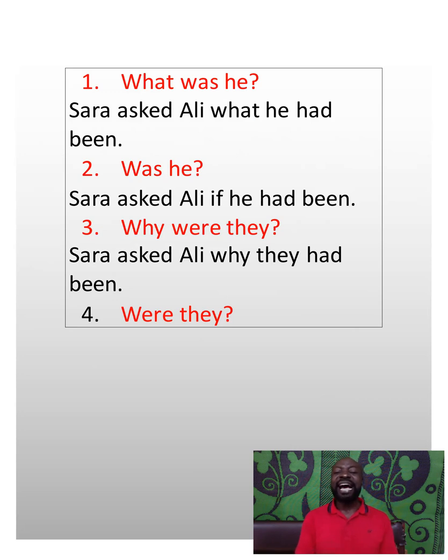Whether he had been. Number 3, why were they? Sarah asked Ali why they had been. Pause the video. Go to your WhatsApp group and do number 4. Were they? Send the answer.